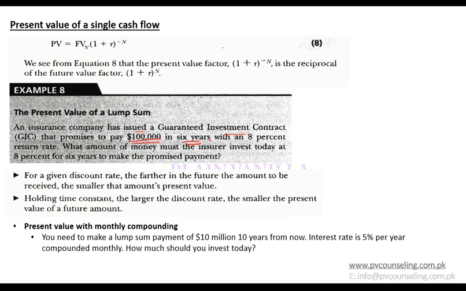Now it promises to pay after 6 years, which means this is a future value, and the number of periods is 6, with an 8% required return rate. So this means the rate is 8%. What amount of money must the insurer invest today? So they are asking how much should be the investment today to accumulate 100,000 after 6 years.